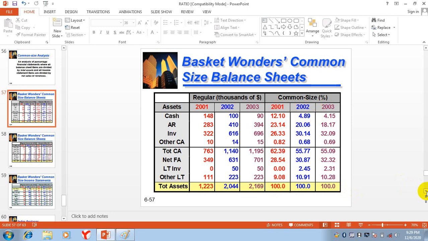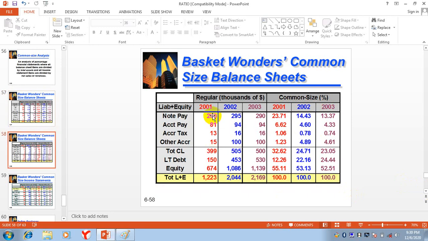Similarly, the liability side: this divided by this, then this divided by this, and so on. So we convert it to percentages. This is basically called common size analysis.